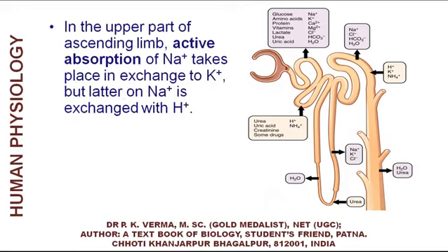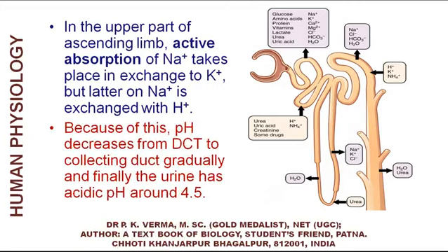In the upper part of the ascending limb, active absorption of sodium takes place in exchange for potassium, but later on sodium is exchanged with proton to maintain the ionic equilibrium. Because of release of the proton, the pH of the filtrate gradually decreases and finally the urine has a pH around 4.5.